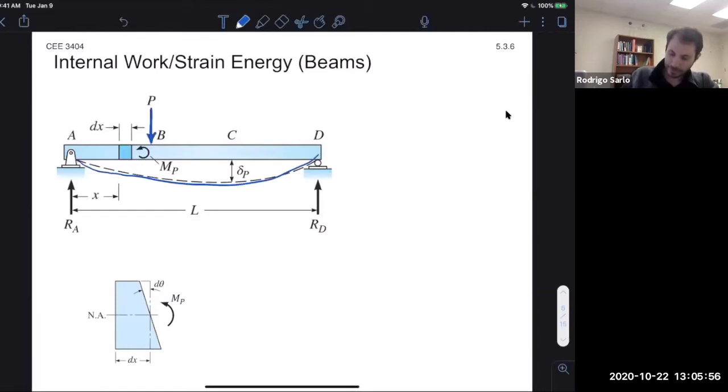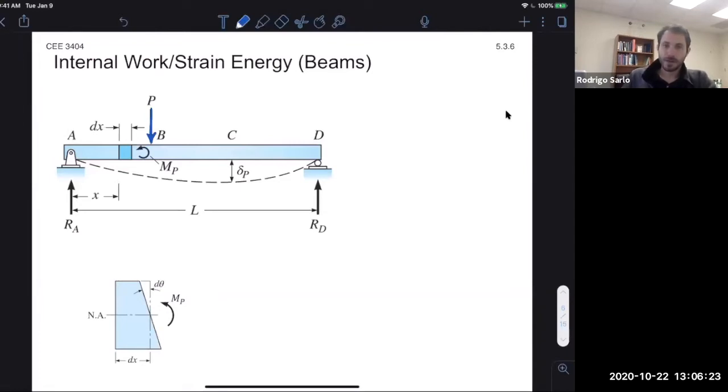As shown by the dashed line, okay? And so, in addition to that, it's going to cause internal moments to develop, right? Again, nothing new. We've solved for these, right? So you get a moment diagram for this beam. So there's internal moments developed by the applied force P.